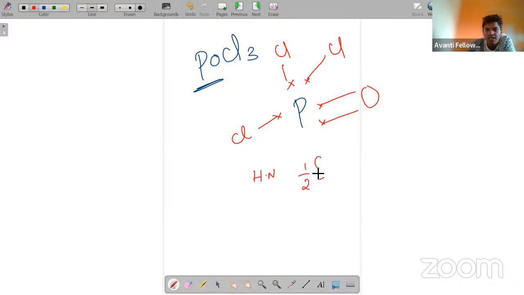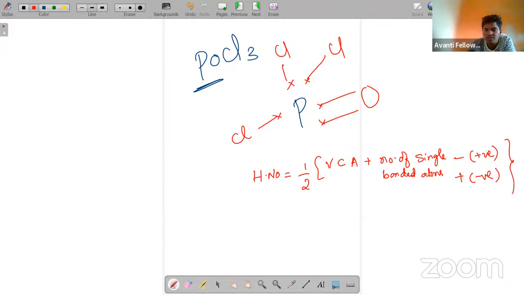First you need to find the hybridization number: half into valency of the central atom plus number of single bonded atoms, minus positive charge plus negative charge. This is very important.